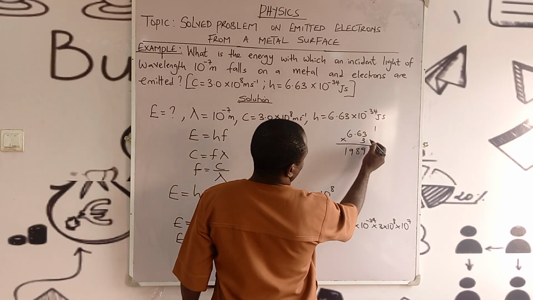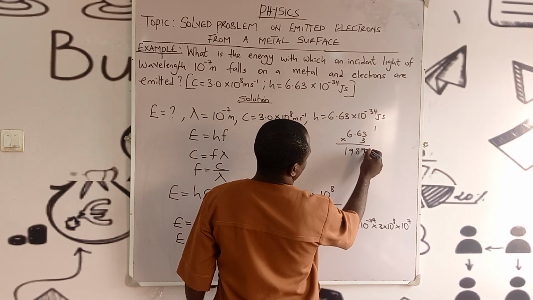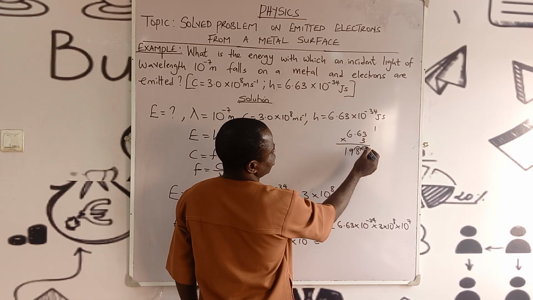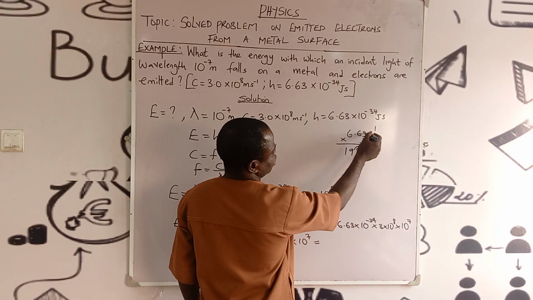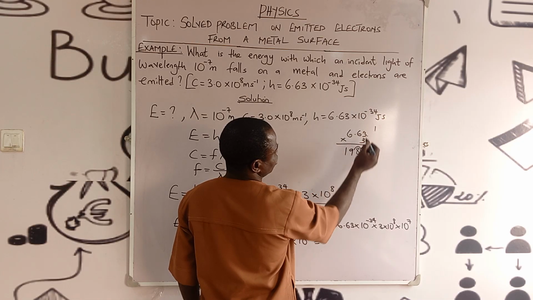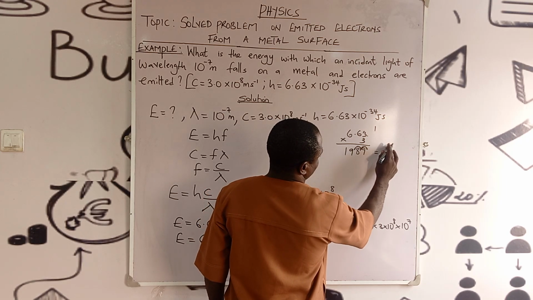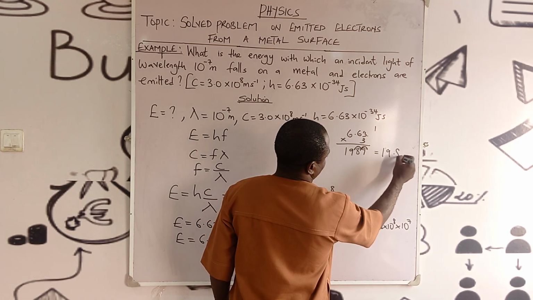Now we shift 2 places because of the two numbers after the decimal. Now it will be 19.89.